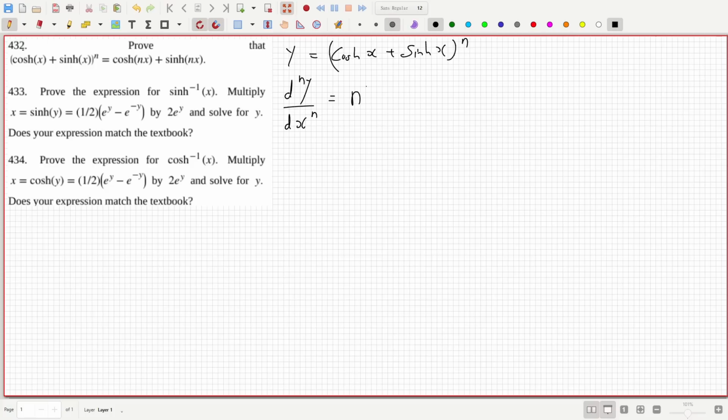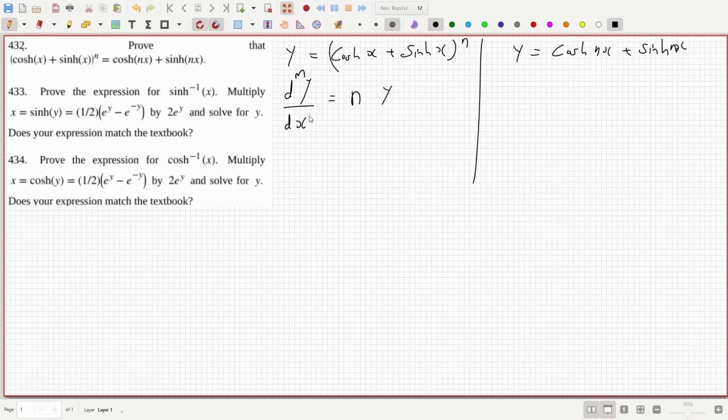So you'd end up with n factorial y. Now, if you were to take this one, and if you differentiate, the n comes out, and the n comes out, and you're left with the original. Oh, it's not n factorial. It's n.